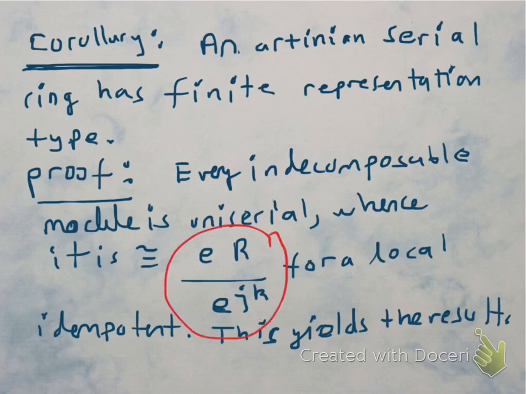But for each principal indecomposable, there are only finitely many such factors, and there are only finitely many principal indecomposables, which means the number of possibilities for the isomorphism classes of such modules as I've just encircled is finite. So now, along with Artinianity, this implies finite representation type. So this yields the result. Well, that proves what we've been trying to do.